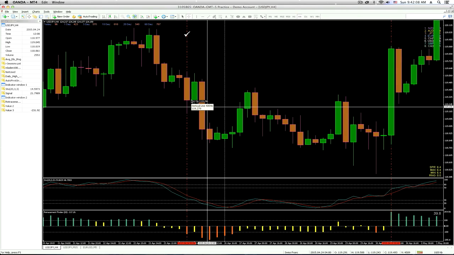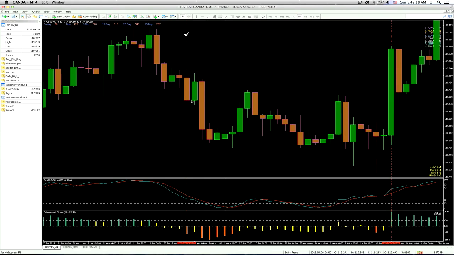And once again, this is the dollar yen, so that's why these bars aren't really big for 4-hour bars.